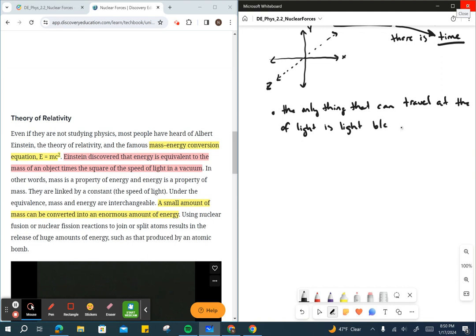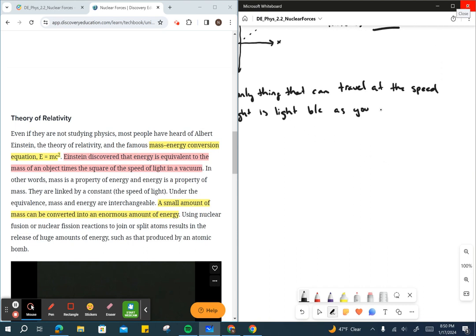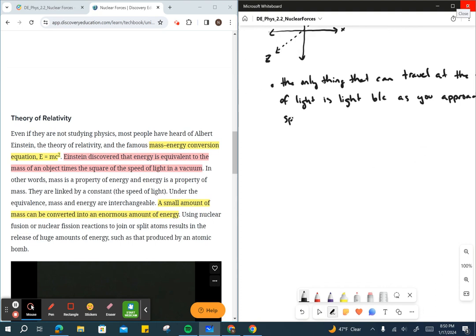Because as you approach light speed, mass increases to infinity.